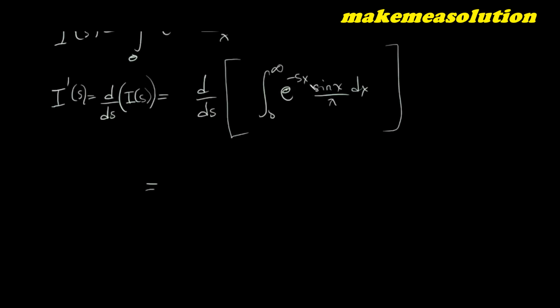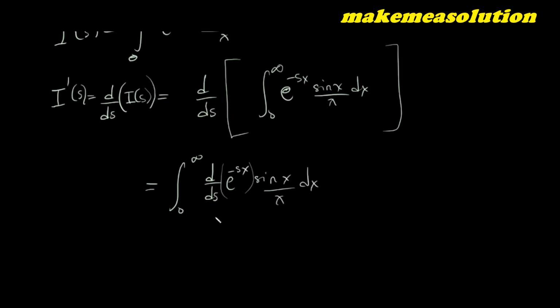Because we assume that the function inside is continuous, we can change the order of terms. So this is the integral from 0 to infinity of d by ds of exponential minus sx sine x over x dx.